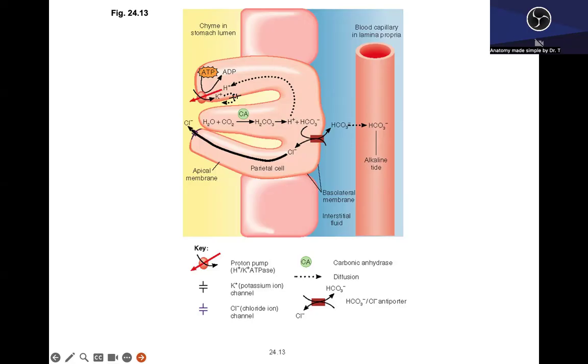So I don't have enough words to highlight the importance of this thick mucosal coat, which protects the stomach. And we are not just thinking about the negative effect of acid directly on the mucous membrane.